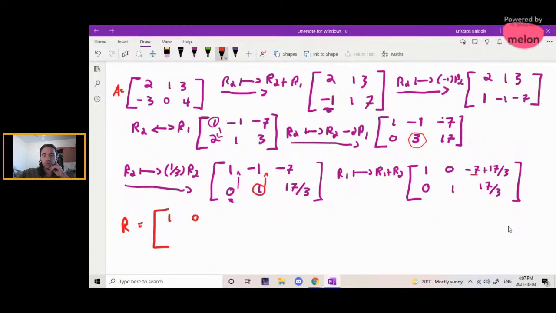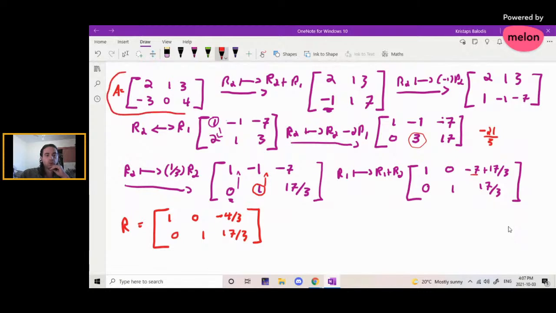I want the denominator here to be the same, so I can combine these terms. So minus 7 is the same thing as negative 21 over 3 plus 17 is going to be 4 over 3, or rather minus 4 over 3, 0, 1, 17 over 3.